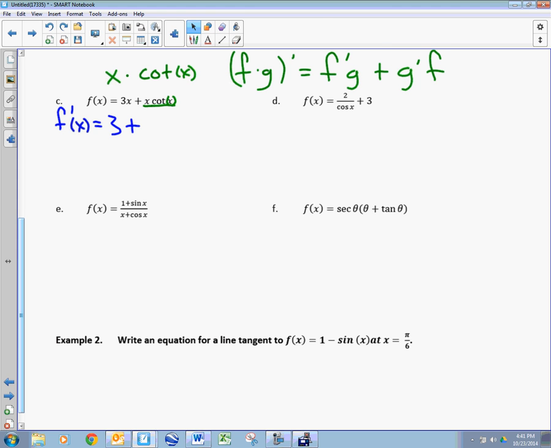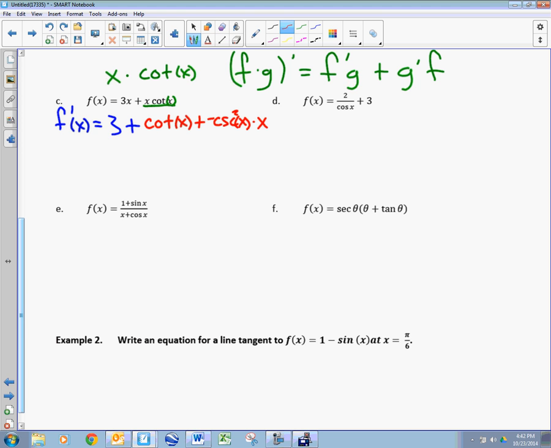So therefore, our product rule, f prime is 1 times g, cotangent of x, plus g prime, the derivative of cotangent, is negative cosecant squared of x times f, or x.